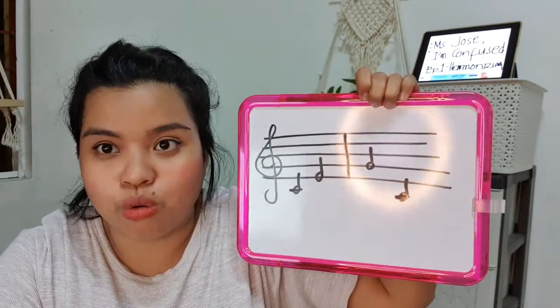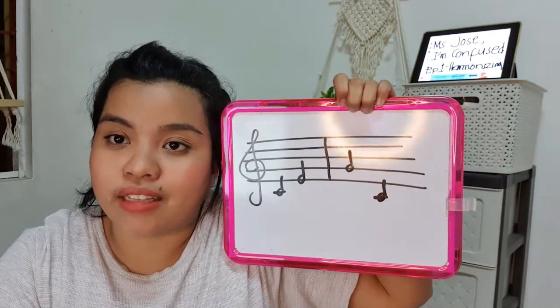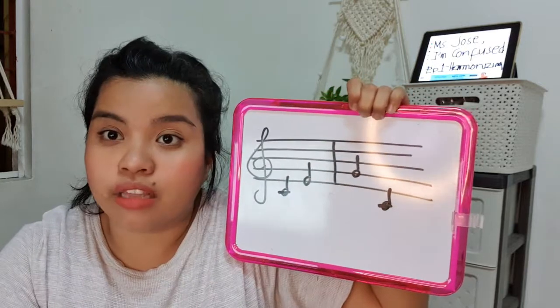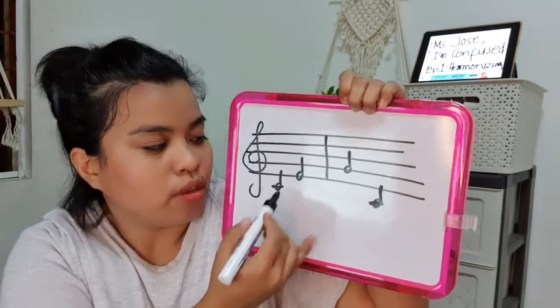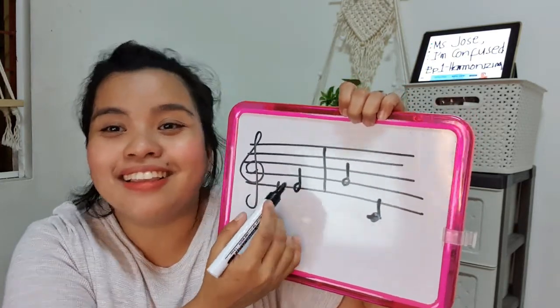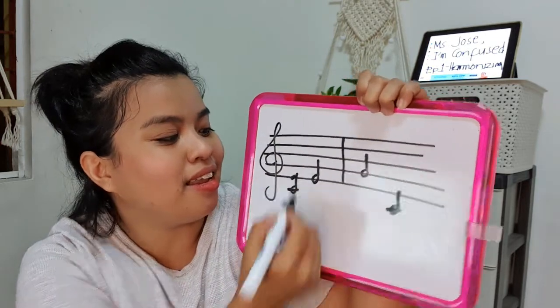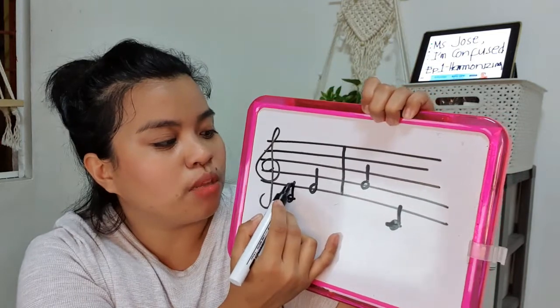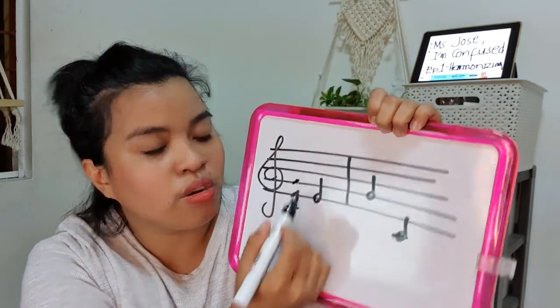So, first, we identify the thirds and the fifths of each note. What's the third of C or do? Do, re, mi. What's the fifth of that note? Do, re, mi, fa, so. That's the fifth.